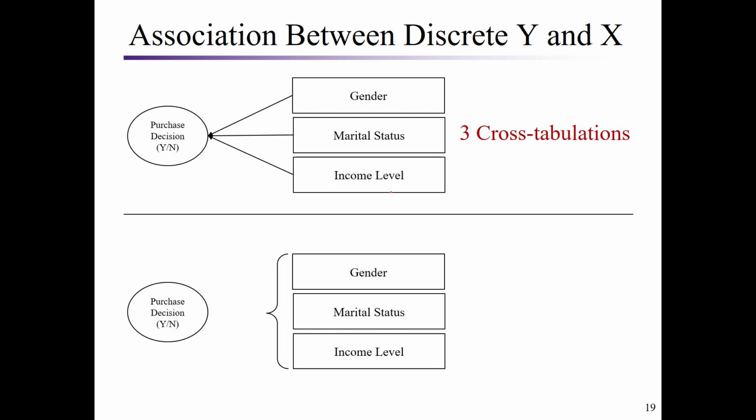However, if I want to know the combination of these 3 factors and the effect of the combination on decision, or collectively, if we want to understand the effects of gender, marital status, and income level collectively, then we will use decision tree.